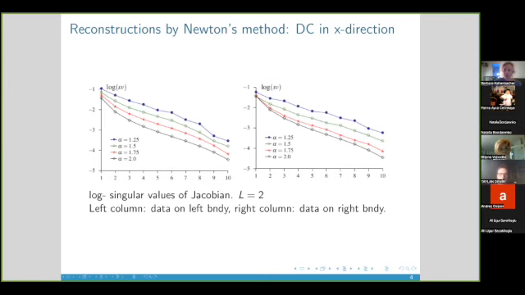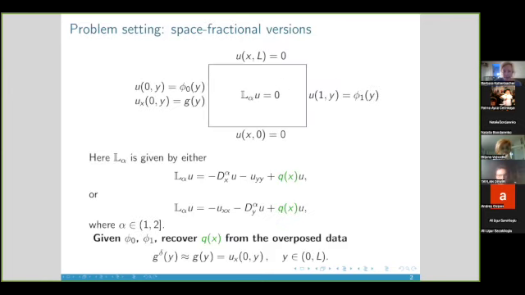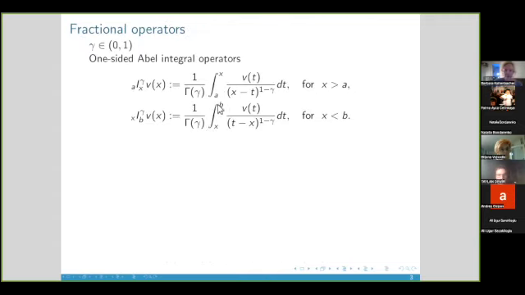Why is this so? Maybe let me explain this with this picture. We are looking at the situation where we have a DC derivative starting at 0. It's a derivative that uses an integral that goes from 0 to some x.